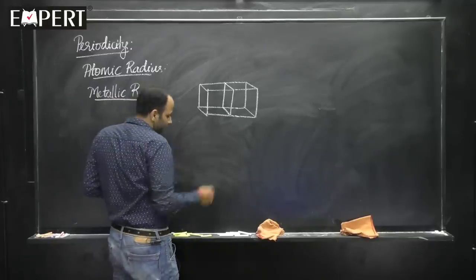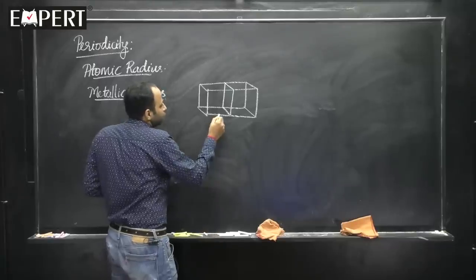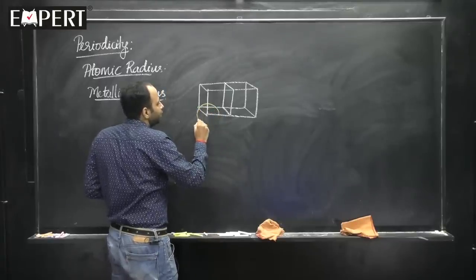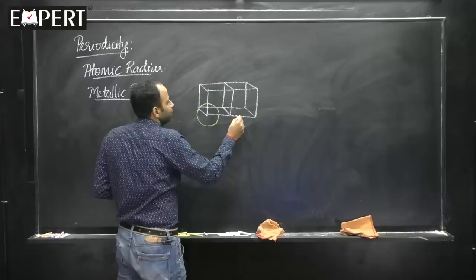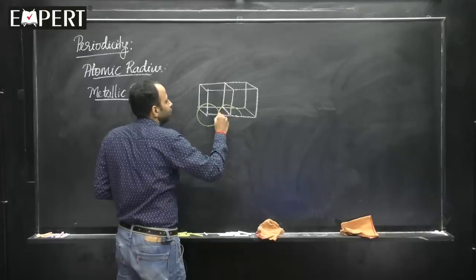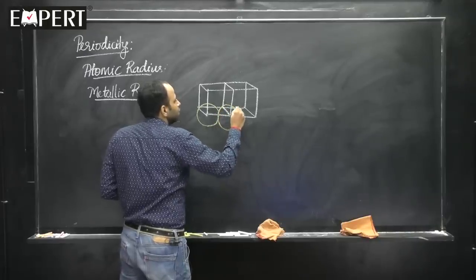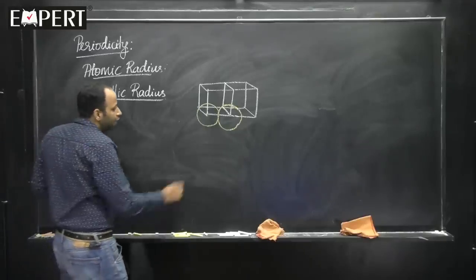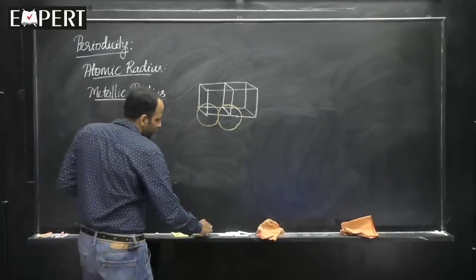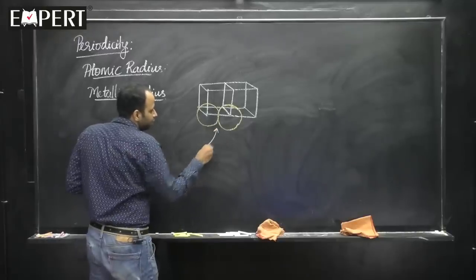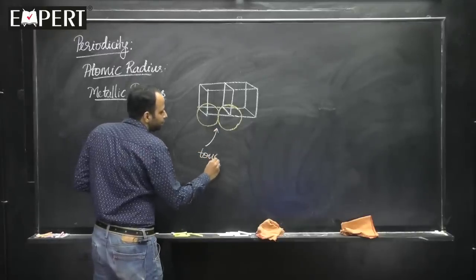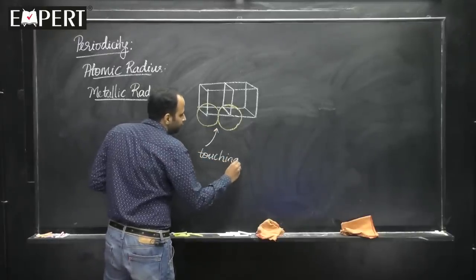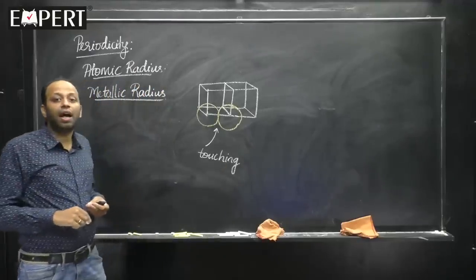And how will the atoms be present? The atoms will be present like this. Same metal. Okay. So, this is how the atoms will be present. So, if you see, they are in touch with one another. So, these are touching here, you can say almost, and these are ions actually.